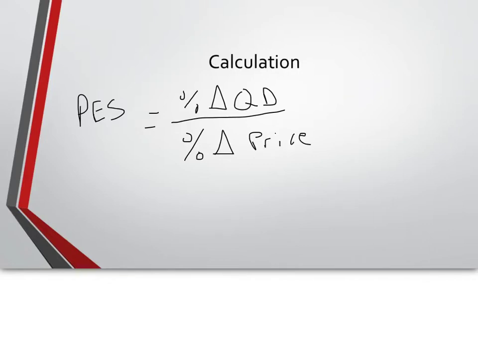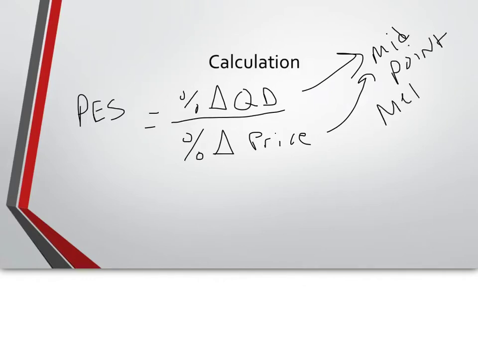It's a very simple formula, and it is identical. Now, one of the things you'll notice is that for both of these, you are going to use the midpoint method. If you remember that from our last set of videos on 5.1, you should be all set.